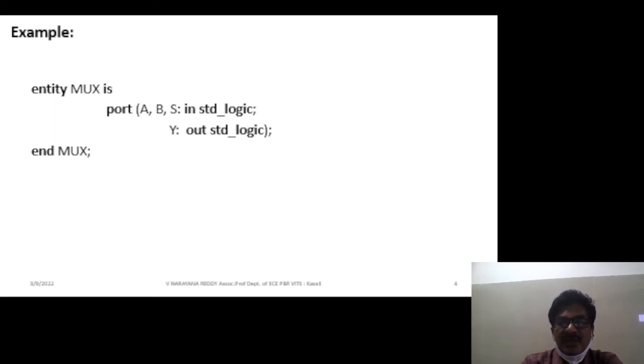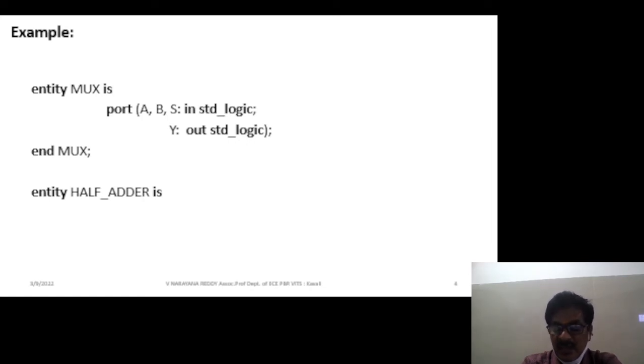Then coming to output, the output port name is Y, so that is also an identifier. Wherever the user defined name is there, that is an identifier. Identifier is used as a user defined name.